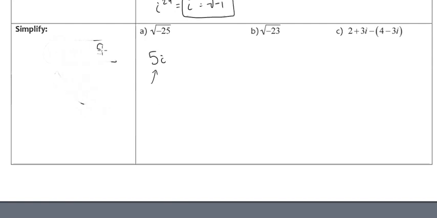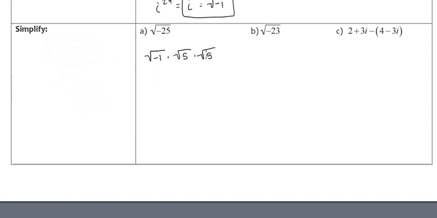5i. The ones that we'll start using now, because those first few times when you're just learning to simplify radicals, those are a little more graphical in nature. But we want to get a bit more technical now. And so we can either write this as just all of its factors. And so the square root of -1 times the square root of 5 times the square root of 5.